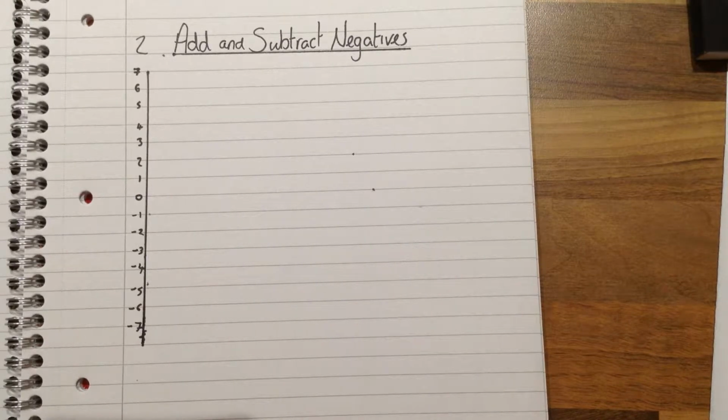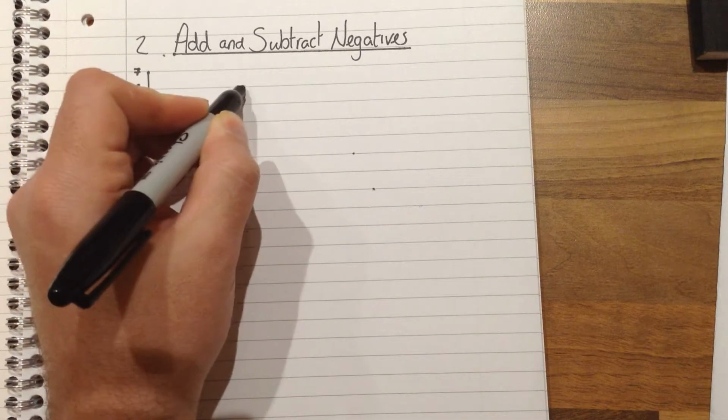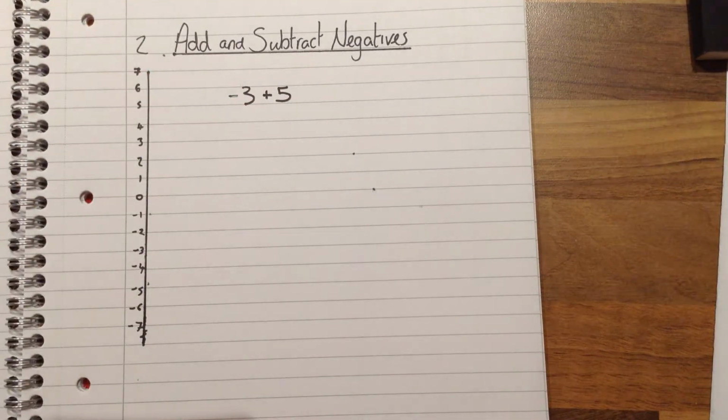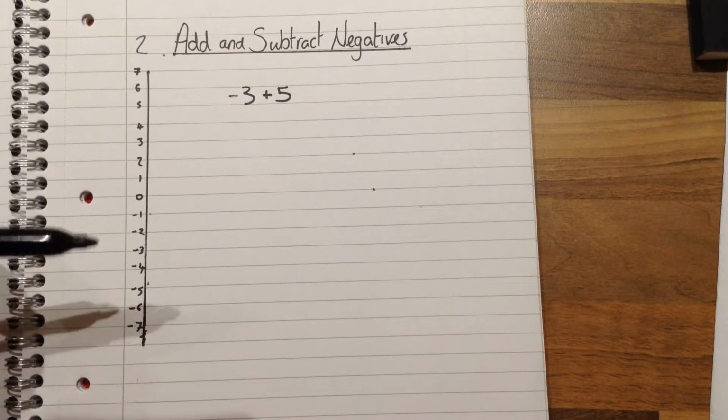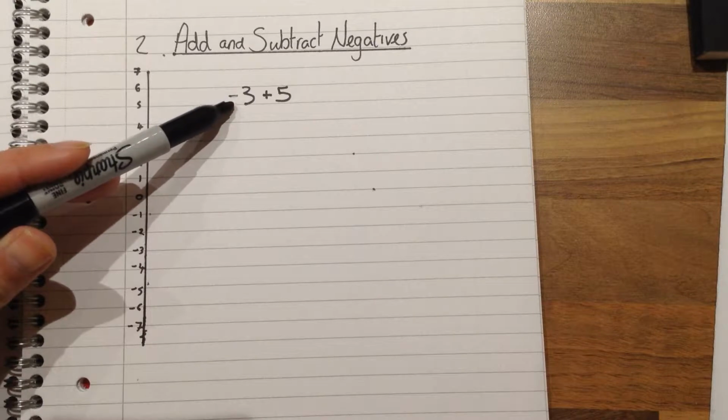The first type of question that we've got with adding and subtracting is simply where we add or take away numbers where there is a negative at the start. So for instance, if I said something along the lines of -3 plus 5, all I would do using my number line, or if you can do this in your head, is I start on wherever number appears first.